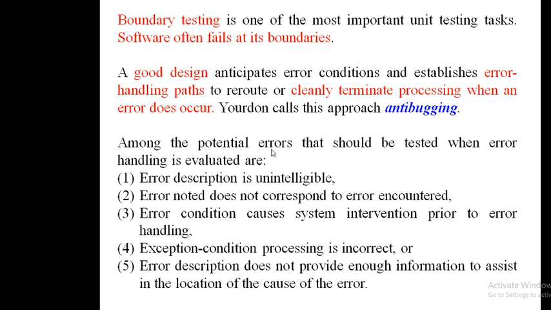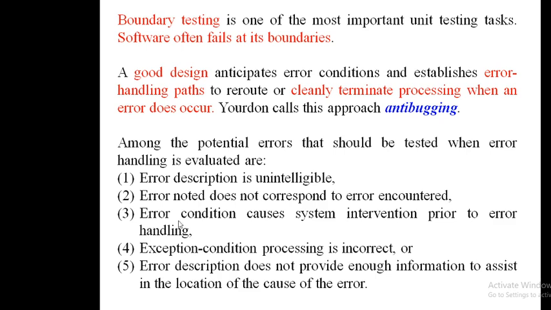Among these potential errors, the following should be tested when error handling is evaluated. Five points are there for error handling evaluation. First, the error description is unintelligible. Second, the error noted does not correspond to the error encountered.